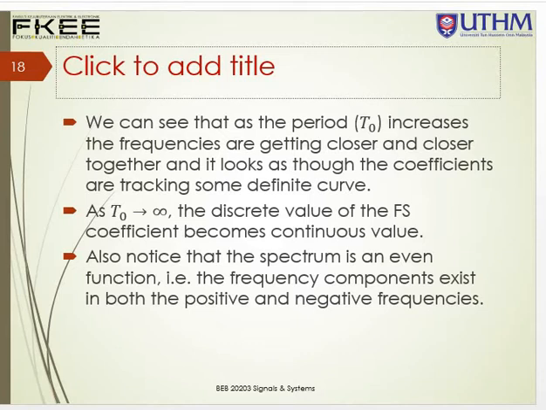The spacing between adjacent harmonics, or the frequency spectrum, is getting closer together. So if T0 goes to infinity, the coefficients will also become continuous values. That is the introduction to the Fourier transform. Now let's go to the Fourier transform example.